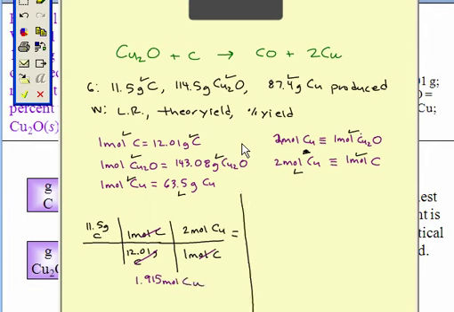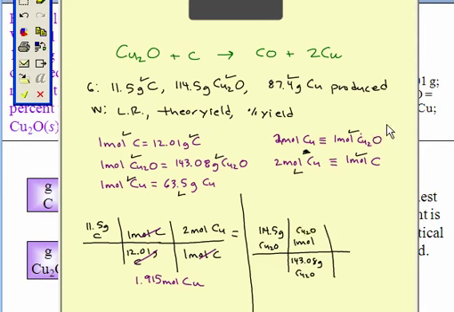Now let's do the same thing for my copper(I) oxide. I have 114.5 grams of copper(I) oxide. I want to get to my moles. Here's my molar mass: 143.08 grams of copper(I) oxide is 1 mole. And now I want to see how many moles of copper that's going to get me. And here's my relationship right here: 1 mole of copper(I) oxide gives me 2 moles of copper.